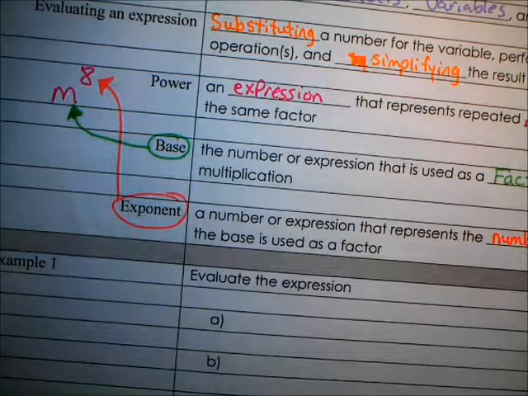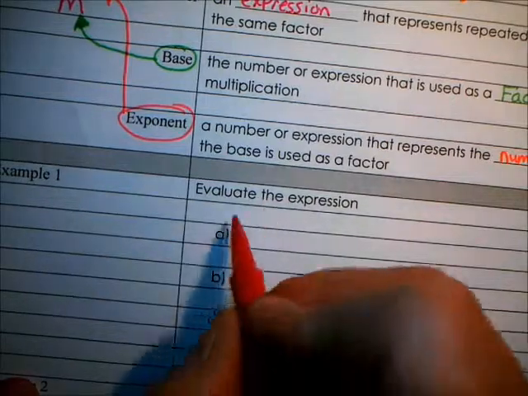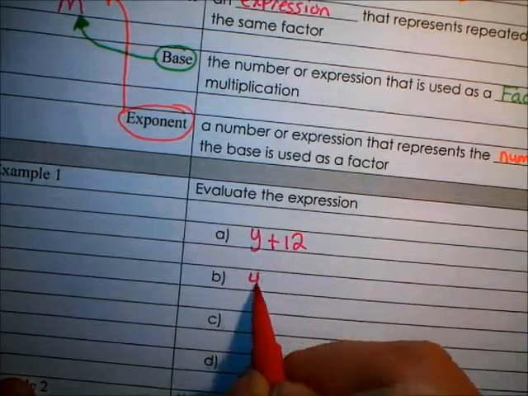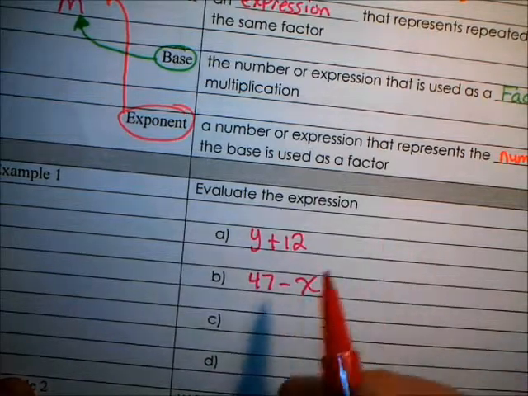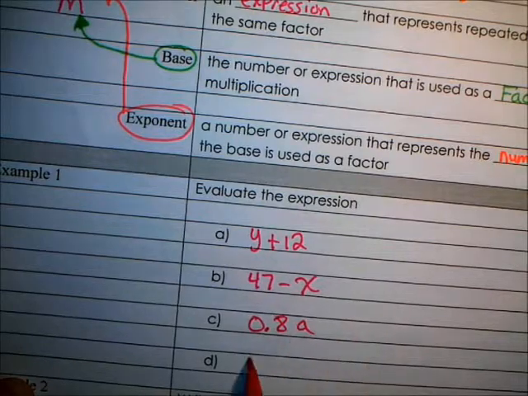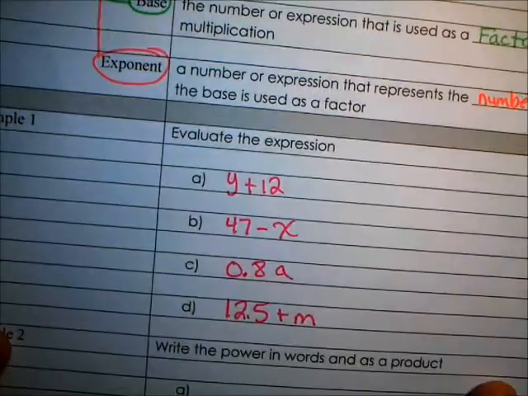Okay. The first example here is one that's to evaluate the expressions. So I'm going to write these down real quick. I have y plus 12, 47 minus x, 0.08a, and 12.5 plus m.